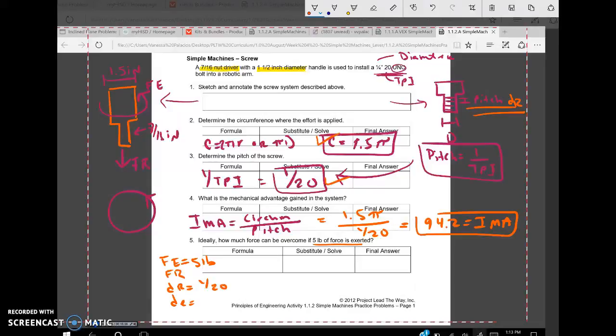And then our DE is going to be the distance that the effort force is traveling. So back to this, the circumference of the circle here, the distance my effort force is traveling is a circle, right? So the DE is going to be the circumference of that circle, which we've already calculated to be 1.5 pi. So we can use our equilibrium equation to solve for our unknown, which is going to be the FR.